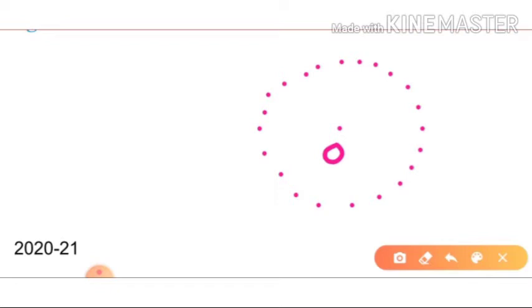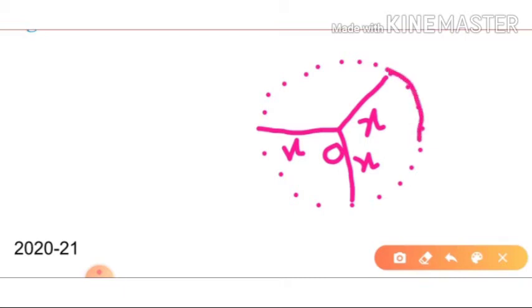All these points are at a fixed distance, say x centimeter. Now when you join these points, the figure which is formed is a circle. So that is the definition of a circle.